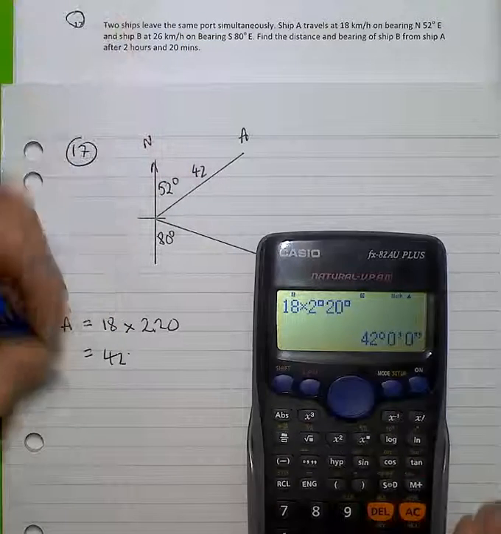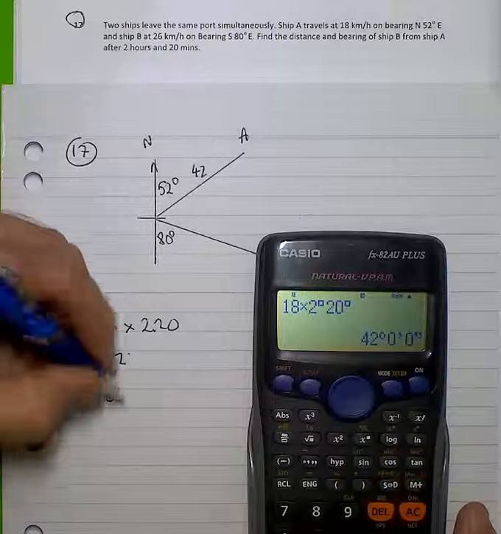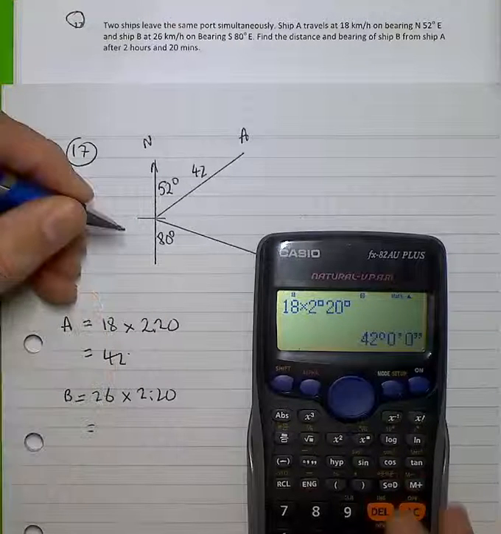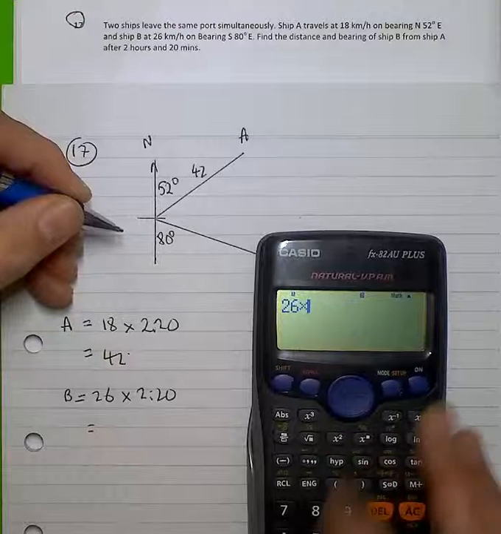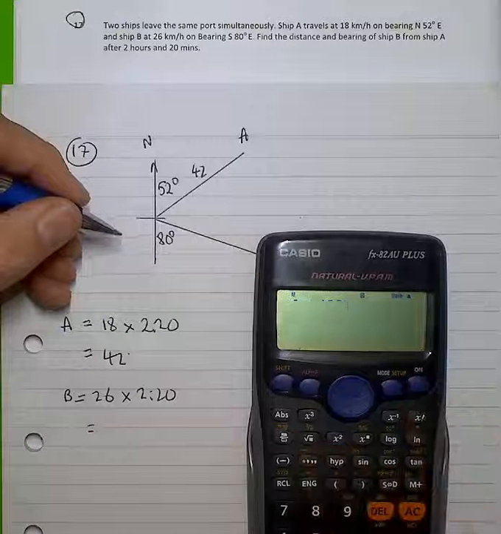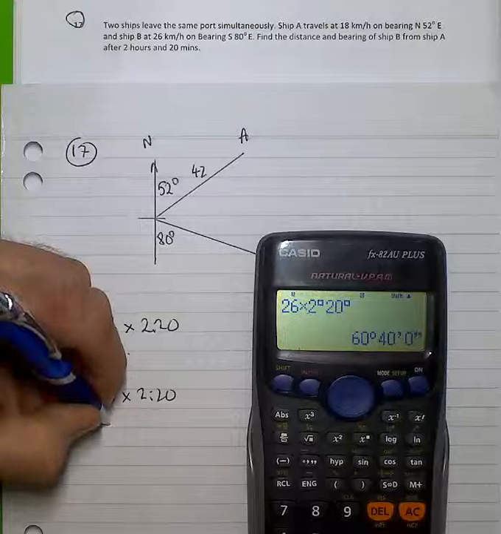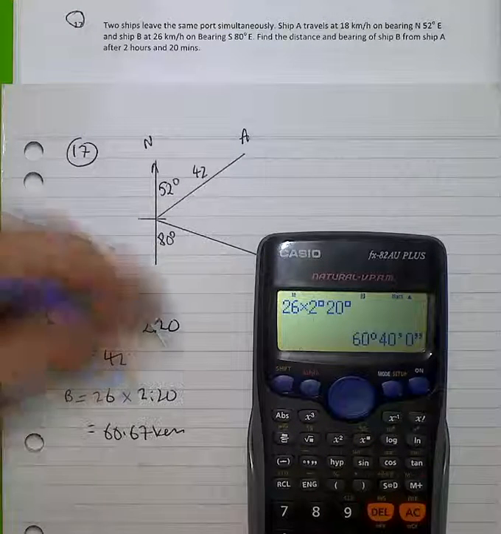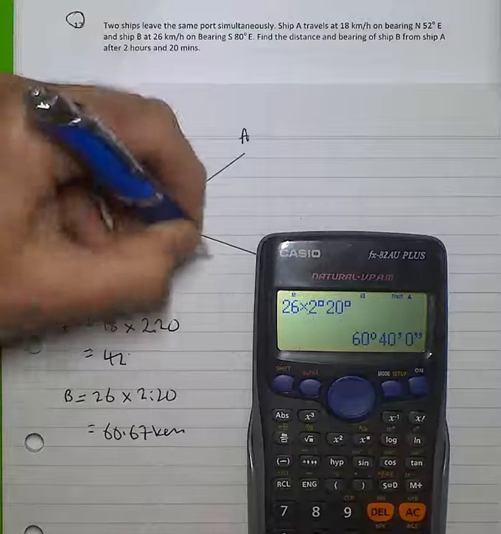And we'll look at B, which is going to be at 26 kilometres an hour for 2 hours 20 minutes, and I get 60.67 kilometres. I'll put those down.